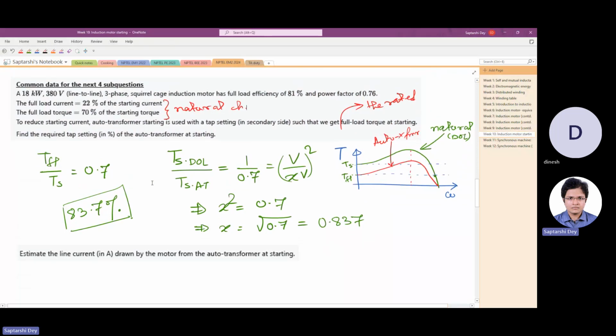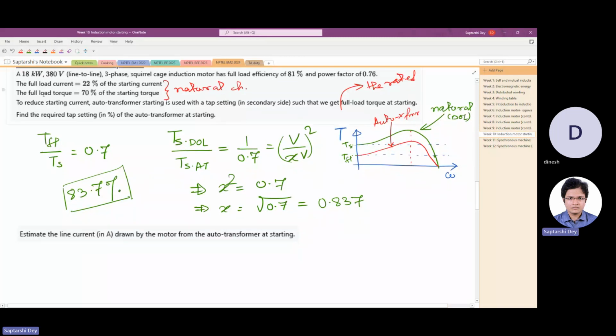Full load current is 22% of the starting current. From the power we can get it. Now I already mentioned that the power that we show here is output power, right? So input power is how much? Input power is output power by efficiency, 0.81.